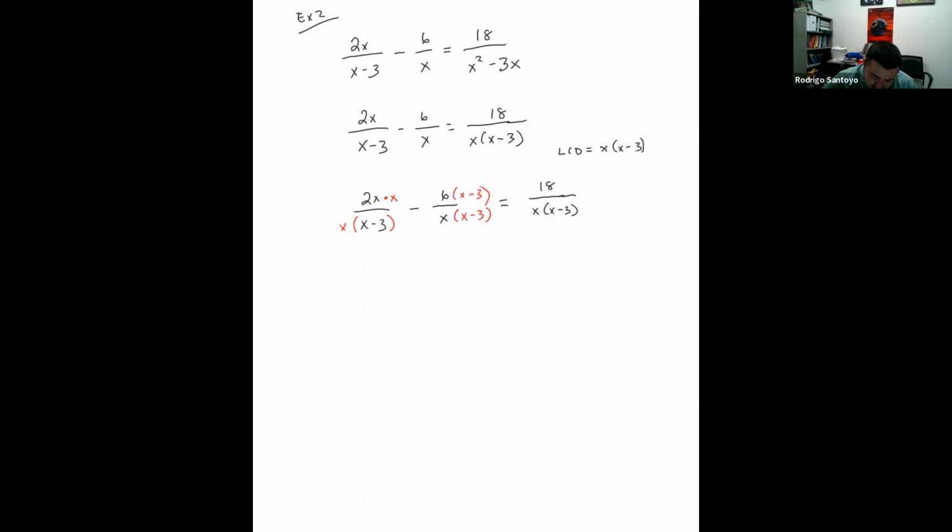Since all the denominators are now the same, we can go ahead and cancel all of them out. Just working with the top part now, it looks like we have 2x squared minus 6, open parentheses, x minus 3, equals 18.